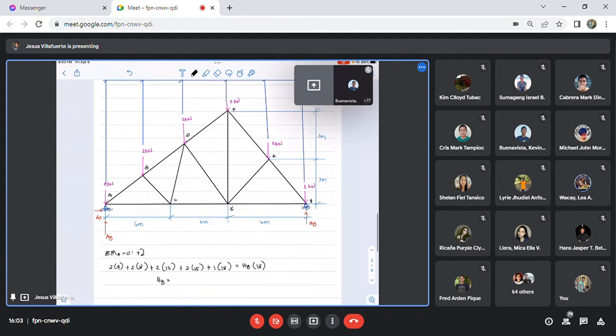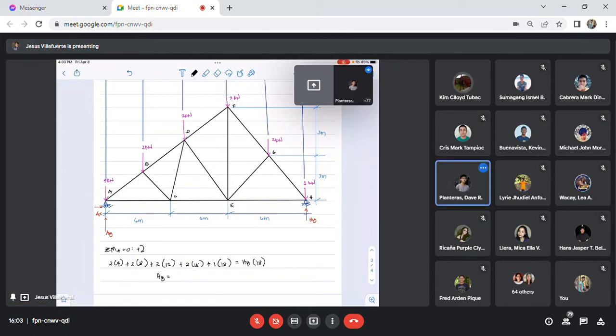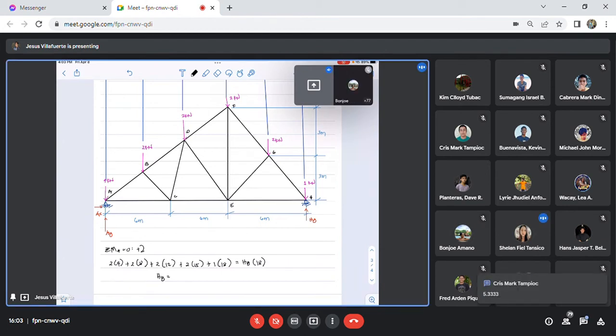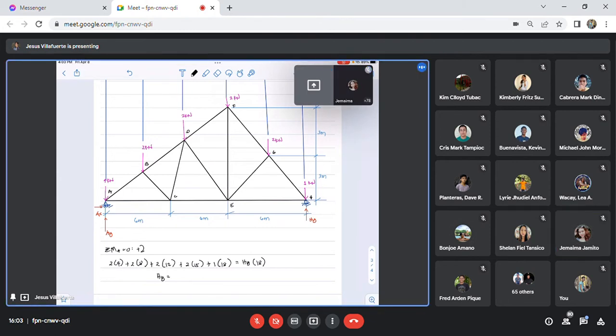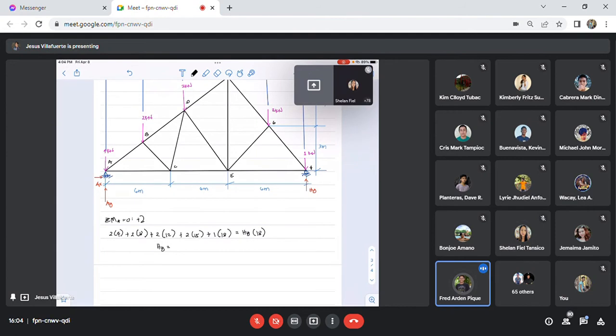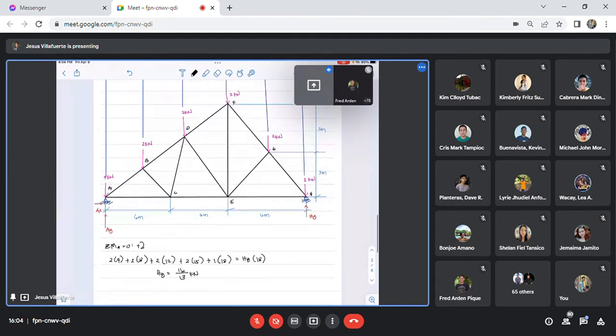Sige. Ilan ni class? 5.33, sir. Point 33? 5.333, in fraction lang daw. 16 over 3, sir. So 16 over 3 kilonewton. Mas ganan kog fraction kay para tanan na siya.